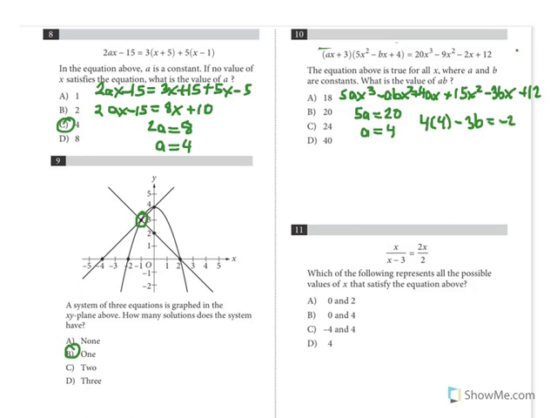That will give me 16 minus 3b equals negative 2, so negative 3b equals negative 18, and b equals 6. So we have a times b, 4 times 6 equals 24.